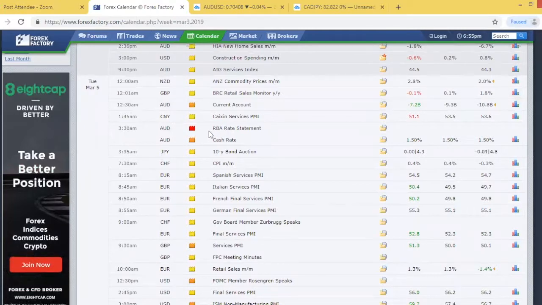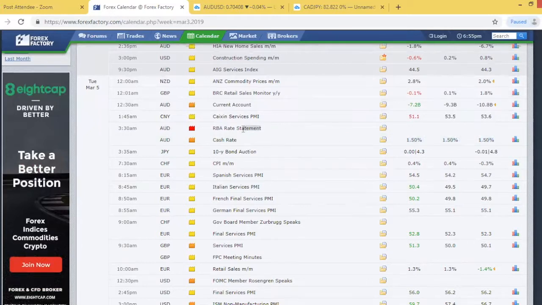And guys, this was picked up on Tuesday with the Reserve Bank of Australia rate statement. The cash rate, the interest rate, was expected to stay at 1.5%, and indeed it did stay at 1.5%. There was no change there, and there wasn't expected to be. It's been 1.5% for quite some time.